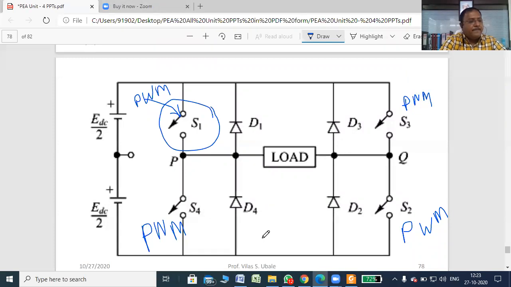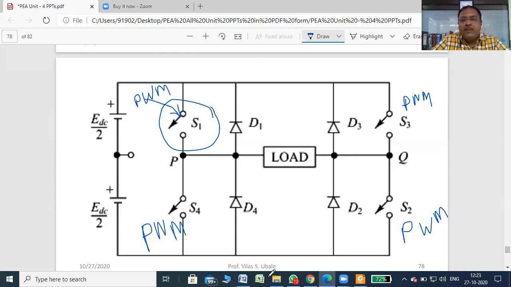So this circuit is very similar. This circuit consists of four switches, and the first one also consists of four switches, right?